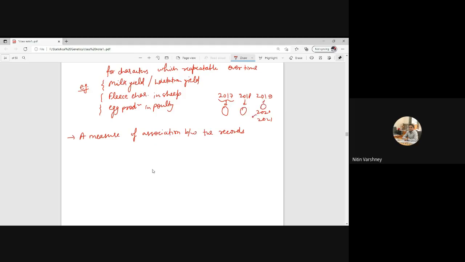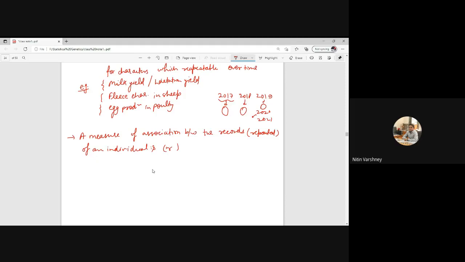So this is a measure of association between the records, or we can say repeated records of an individual, is provided by repeatability, and it is represented by R. Or we can write it as small r, no problem.